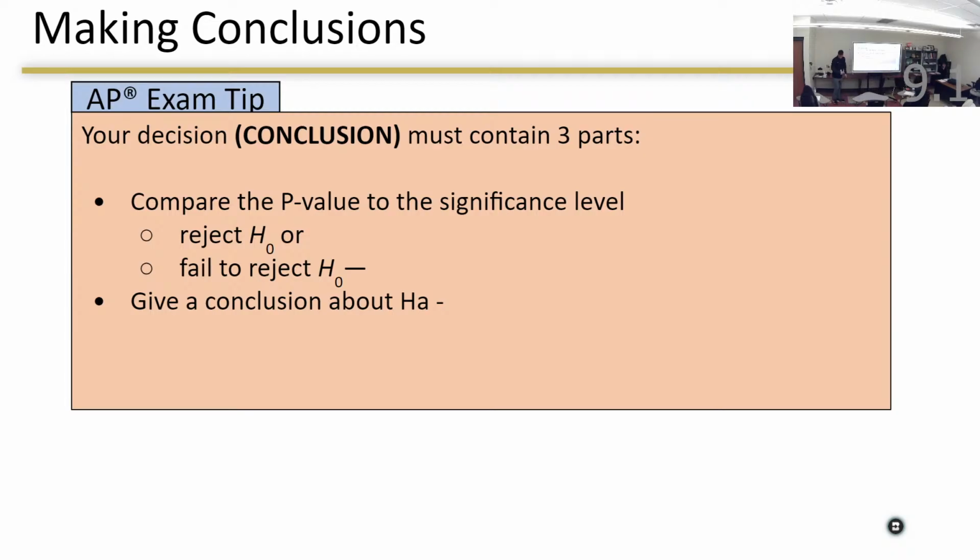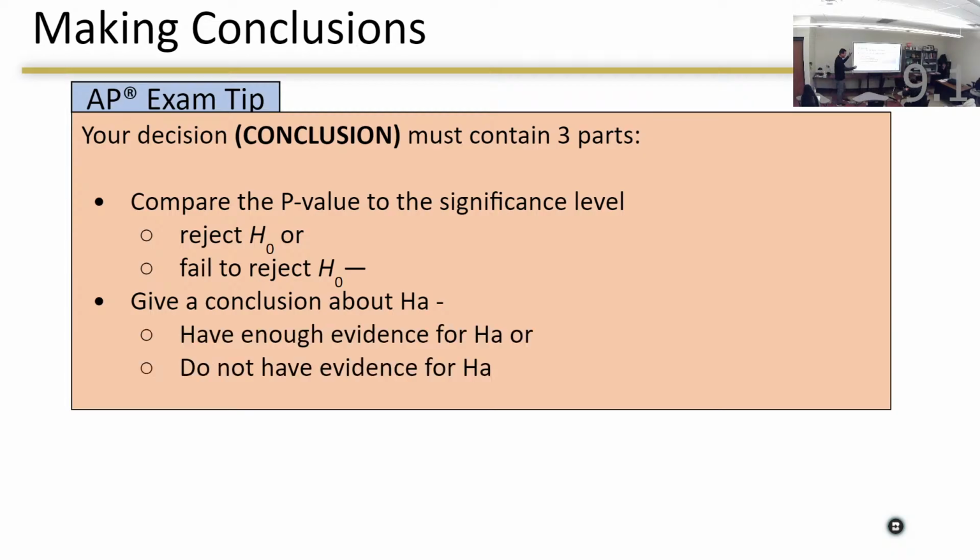If you reject it, we give our conclusion. If you reject it, then you have enough evidence for Ha, because you rejected H0. If you reject H0, then Ha is true. I have enough evidence to say that the new irrigation system is changing things.